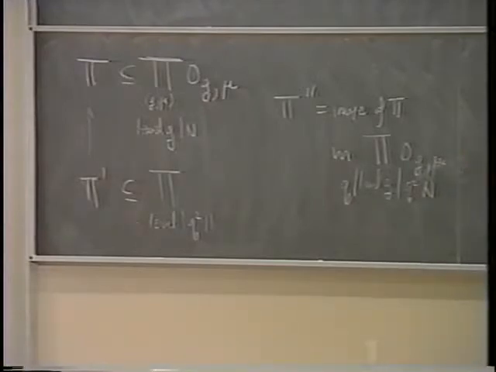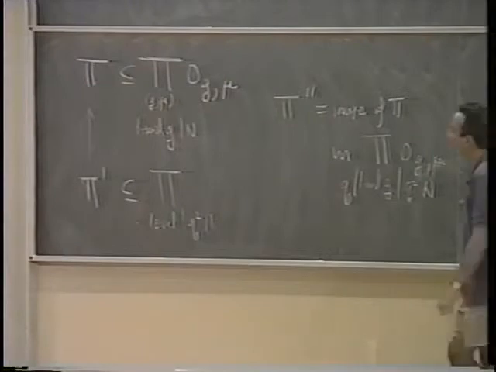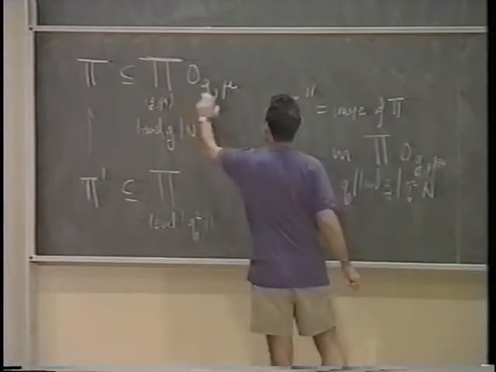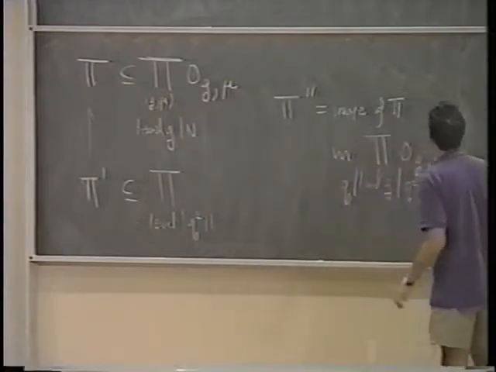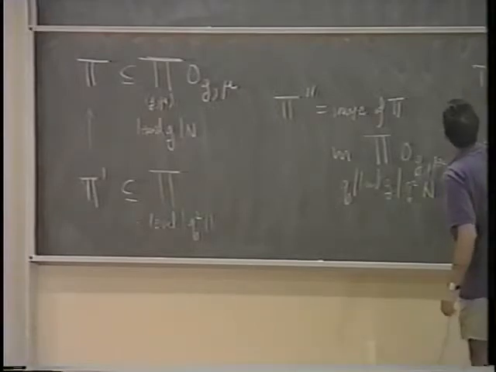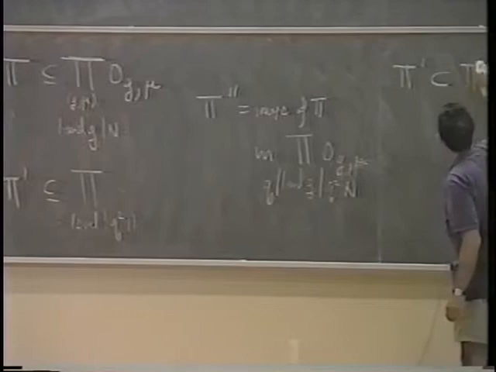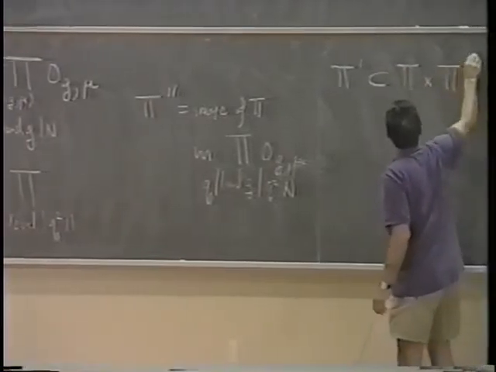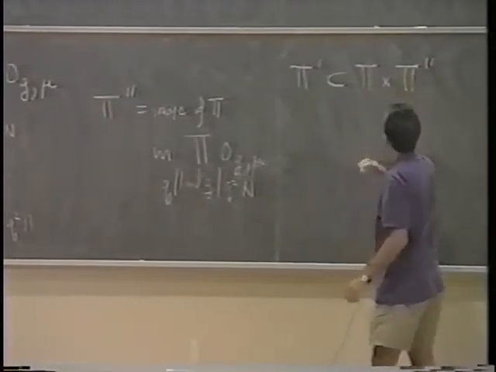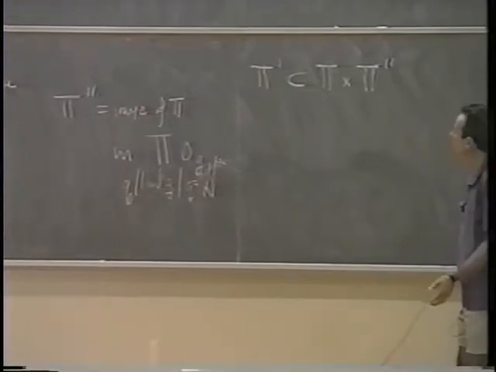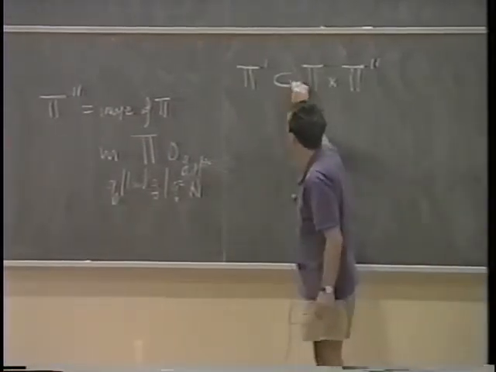So we take exactly those factors which don't appear when you define T, and then what happens, kind of trivially, is that T prime is caught in a product of two rings, T cross T double prime, and it will be a finite index inside of this product.